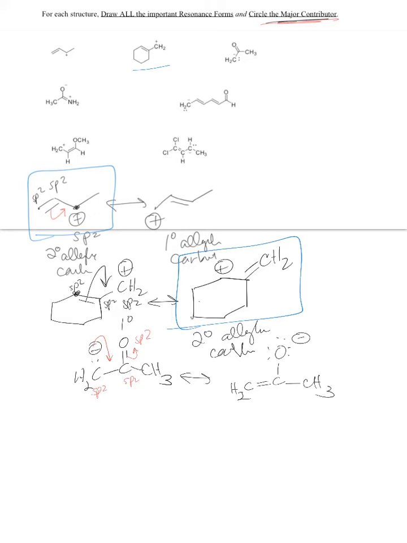Now, one of the rules for predicting which is your more stable resonance structure would be the charge resonating on your more electronegative atom. So oxygen is more electronegative than having your charge on the carbon. So that would be your major contributor.